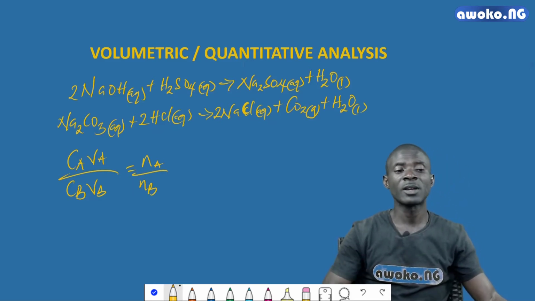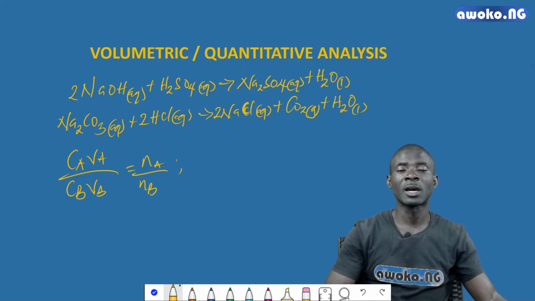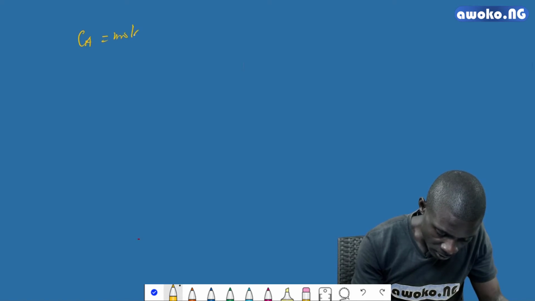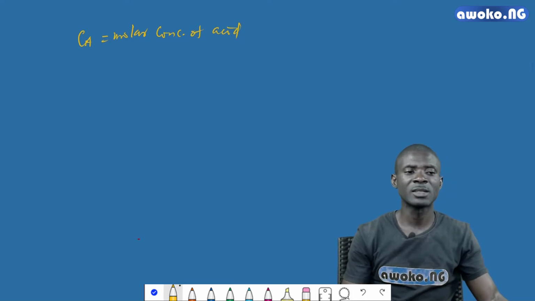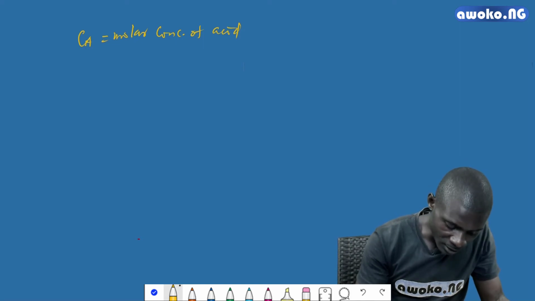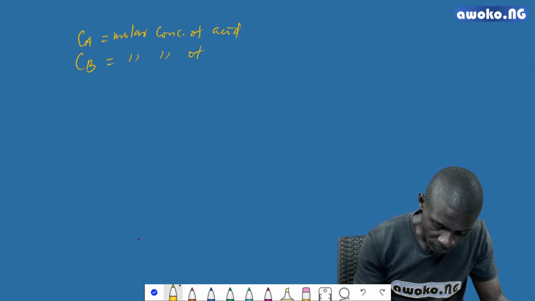Okay, so this is referred to as the volumetric analysis formula that is used to calculate either the concentration of the acid or the concentration of the base, and in some cases the volume of the acid and the volume of the base. In this formula, CA represents the molar concentration of acid, that is, the concentration of the acid in mole per dm cube, while CB is the molar concentration of the base.